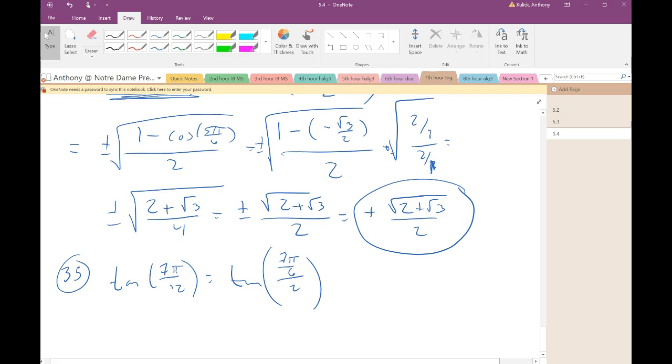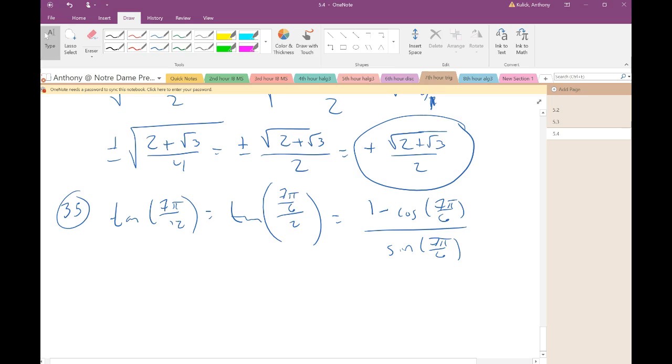Which tan formula do you guys want to use? 1, 2, or 3? Sounds good to me. Then I go to my unit circle and cosine of 7 pi over 6 is negative square root 3 over 2, and for sine it's negative a half.